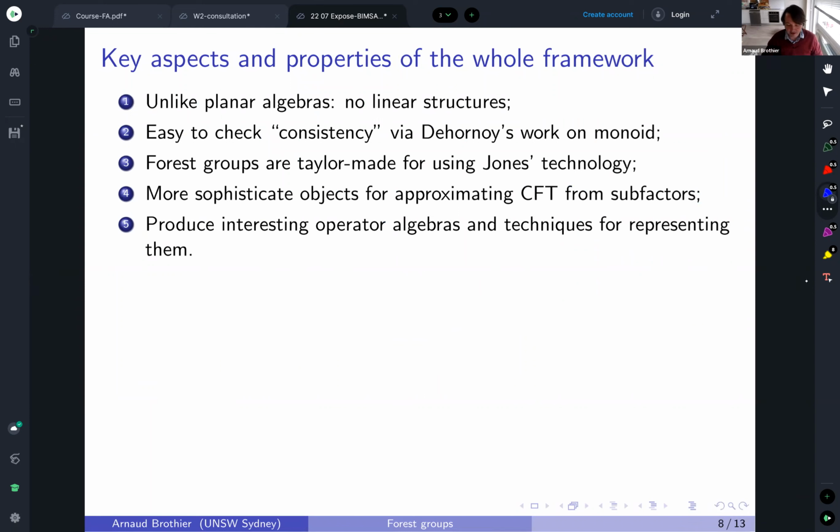One thing that is important to see is that unlike planar algebra or classical tensor categories, there is no linear structure. All the skein relations are between two given elements. For example, the Yang-Baxter skein relation that Zheng has studied quite a lot in his PhD, everything will be very linear. In fact, any skein relation in planar algebra will be like that.